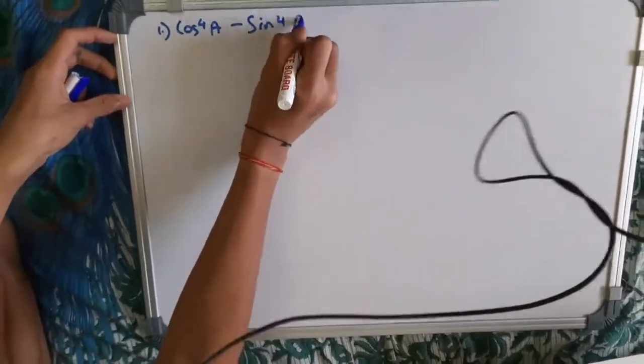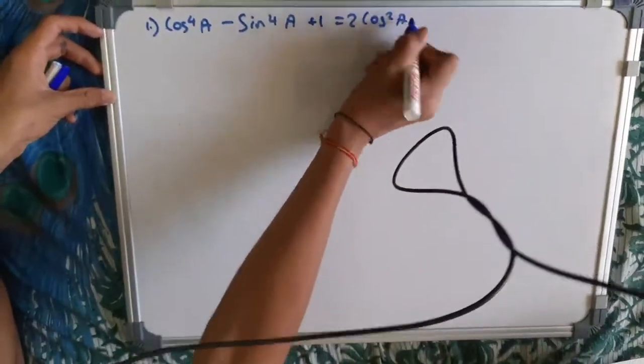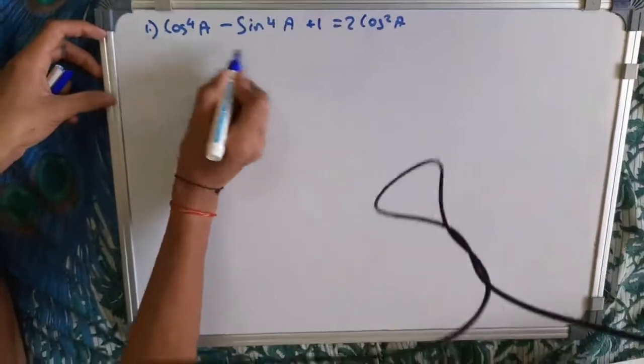power 4a plus 1 equals 2 cos square a. So now let's start.